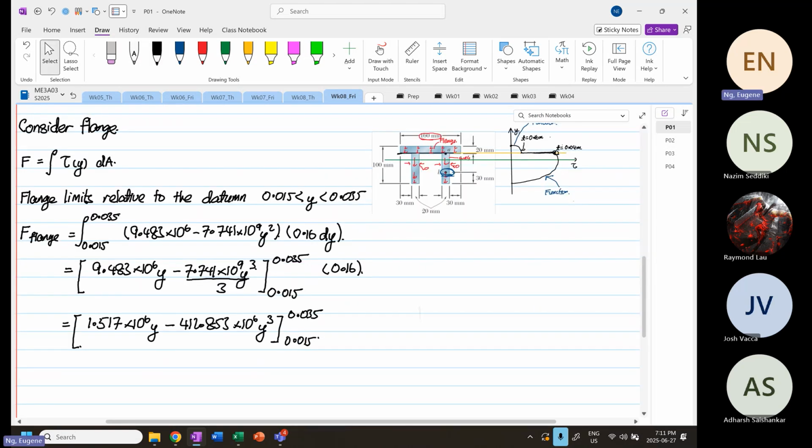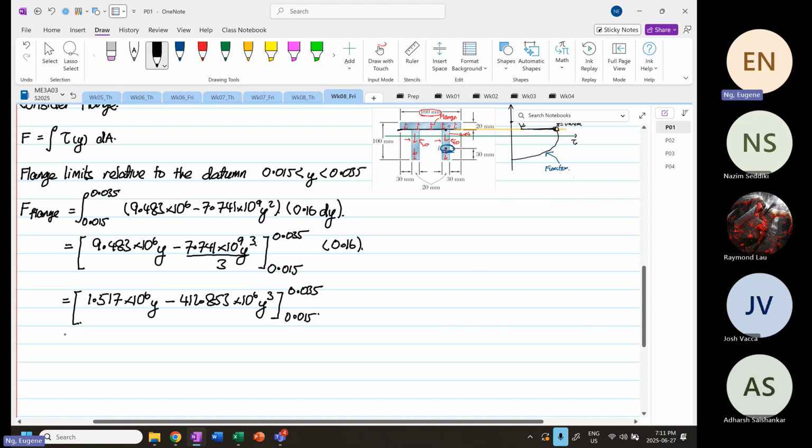So when you substitute the values in, you will have 35.394 times 10 to the power 3. Let me do it. 1.517 times 10 to the power 6 times 0.035, minus 412.853 times 10 to the power 6 times 0.035 cubed, is equal to 35.394. That's correct.